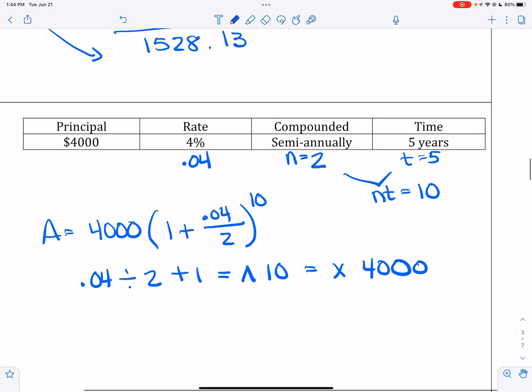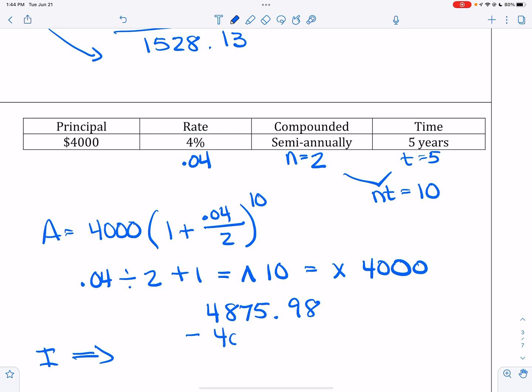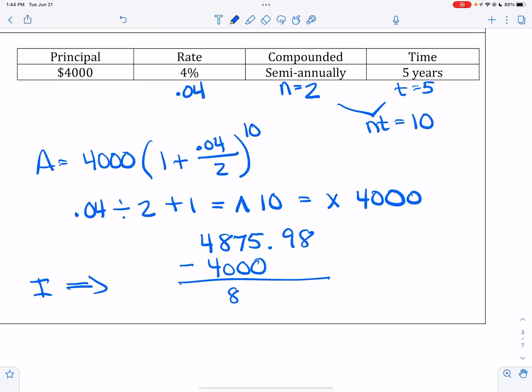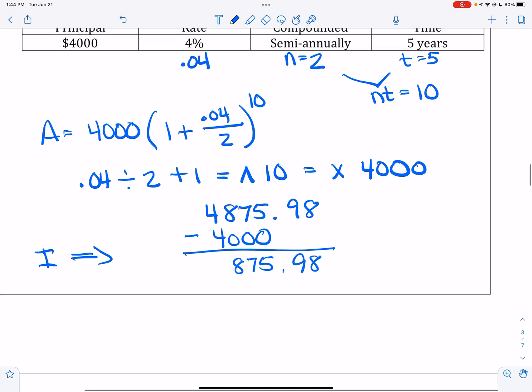And so I should have 4,875.977, which makes that 0.98. And so my interest says that I will subtract out the 4,000 that I invested, and I earned $875.98 of interest.